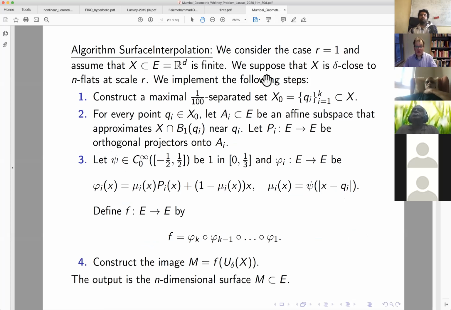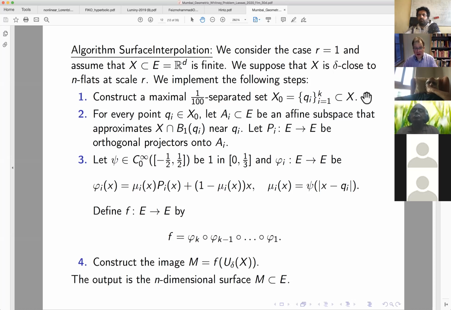For simplifying notation, let's assume the scale R that we consider is equal to 1, and we assume that the data set that is given to us is finite. And to use this algorithm, we assume that the data set is delta close to n flats at scale R, so it can be locally approximated with affine planes. How do we do this construction? We first define a coarse net in the data set.